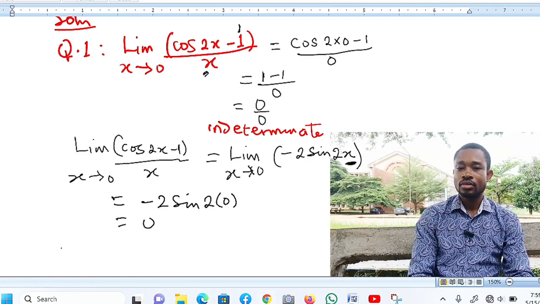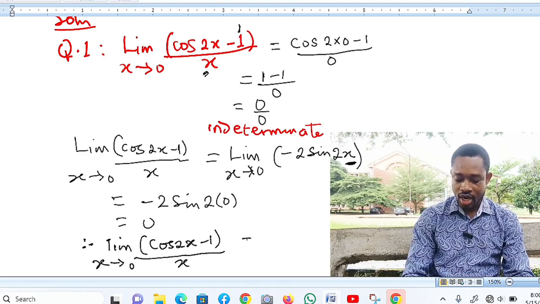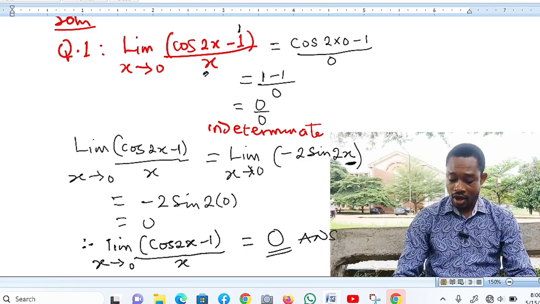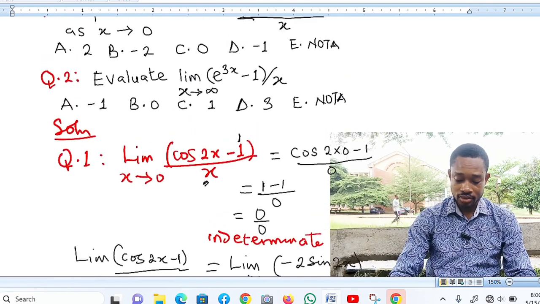So the limit of the function cos 2x minus 1 all over x as x tends towards 0, that function itself will be tending towards 0. And this, of course, is the limit of the given function as x tends towards 0.